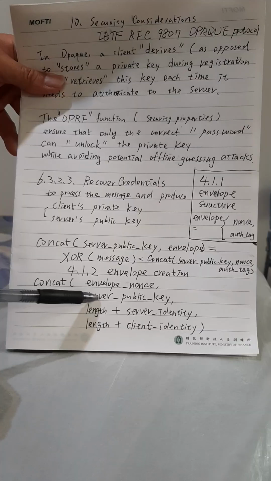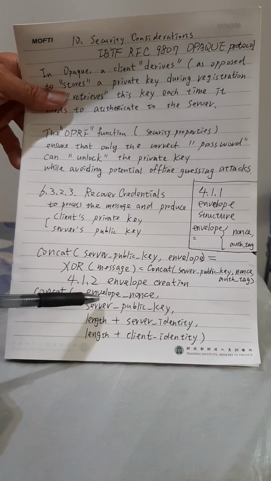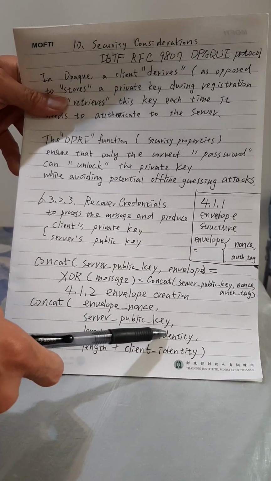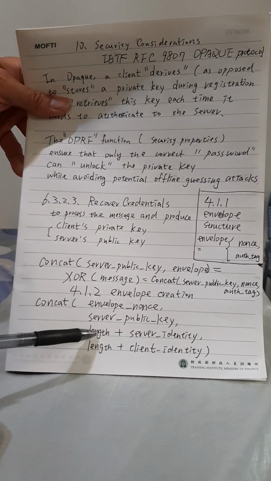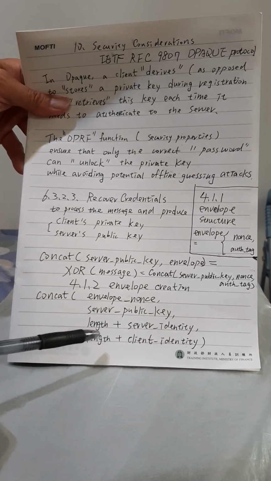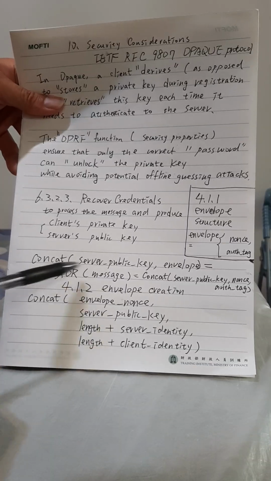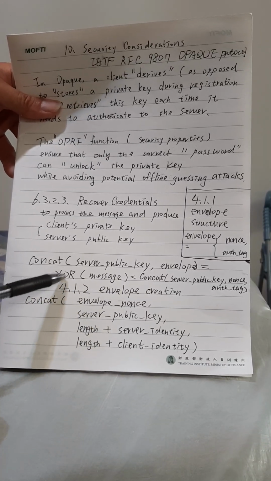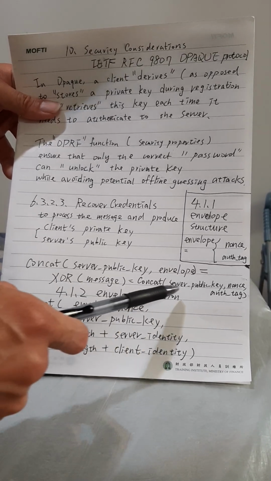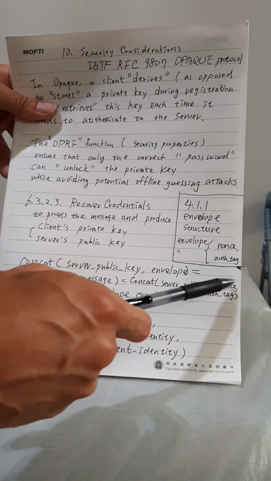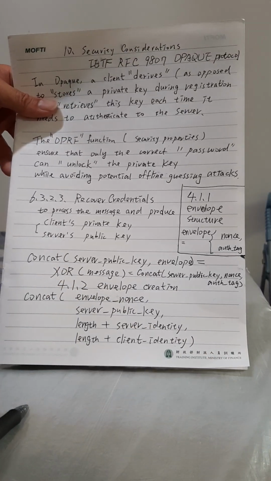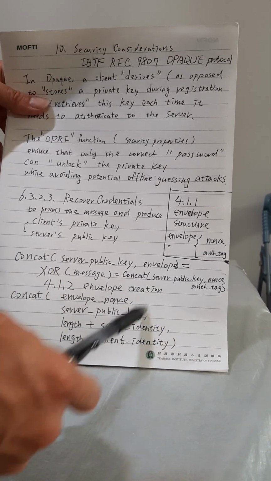In the MAC function, the input is nonce, then server public key, then length, then server identity, then length and the client identity. But the input of the XO function is server public key, nonce, auth stack. So this is not identical.